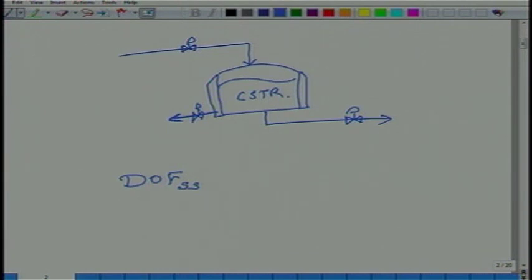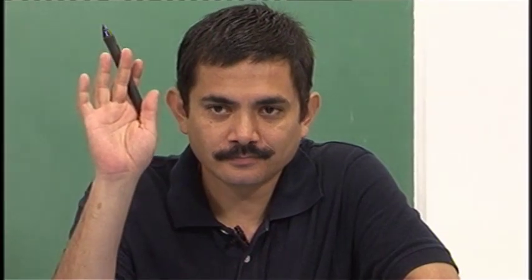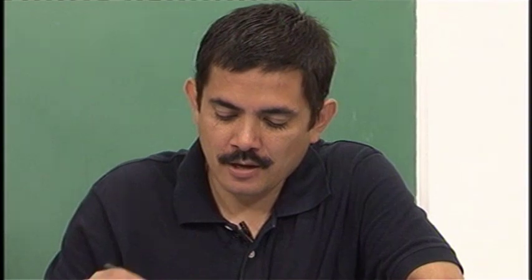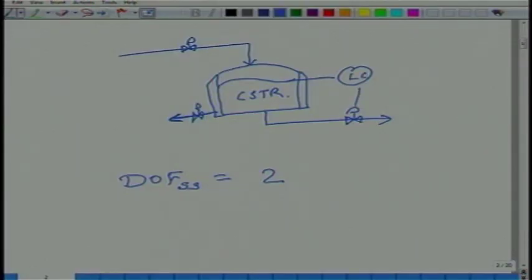If kilograms in minus kilograms out is not equal to zero, either the level is building up or it is depleting. So I have to put in a level controller. So the number of valves excluding the feed or excluding throughput is 2. How many level controllers do I need to put? 1. So let us say I have put in a level controller like this.